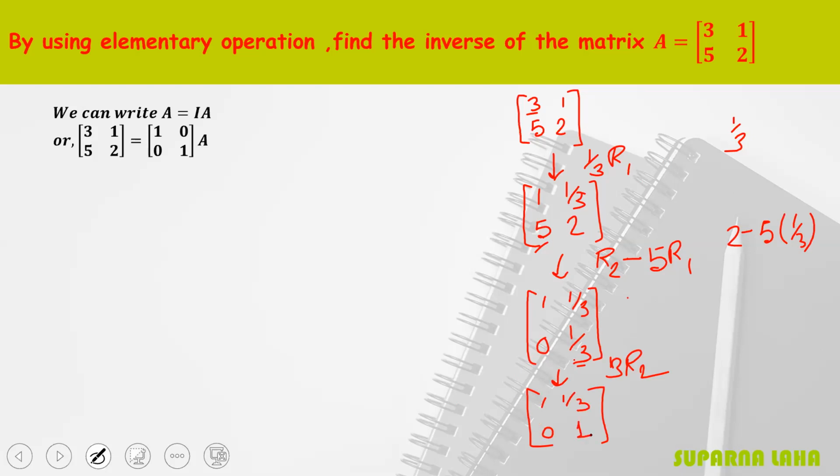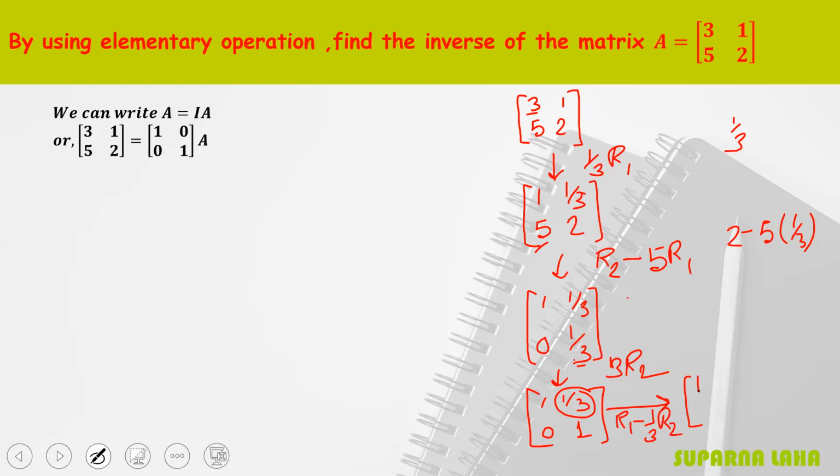Now make this element 1/3 into 0. So you need to divide the second row by 3 and then subtract from R1. That means R1 minus 1/3 R2.